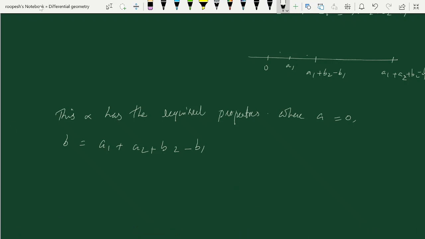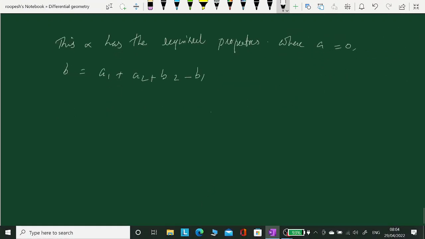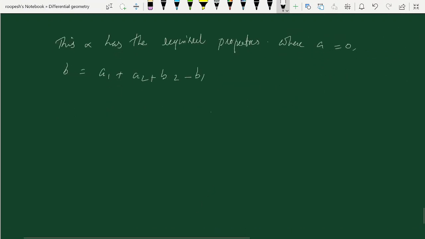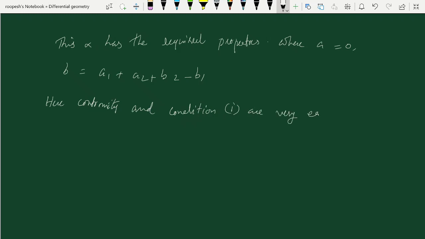Now continuity and condition 1 are very easy to check.